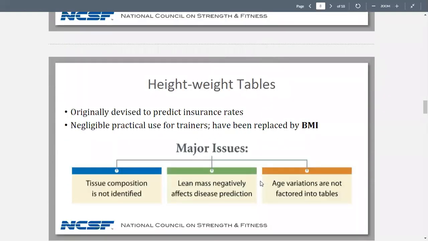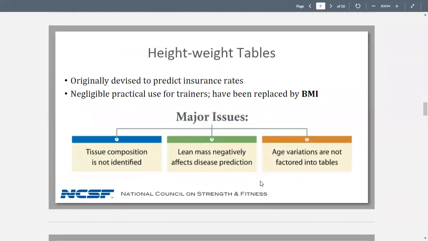We're going to talk about each of those. Height-weight tables were originally devised to predict insurance rates. They're a negligible practice for trainers and have been replaced with BMI. Major issues: tissue composition is not identified, lean mass negatively affects disease prediction, and age variations are not factored into the tables.